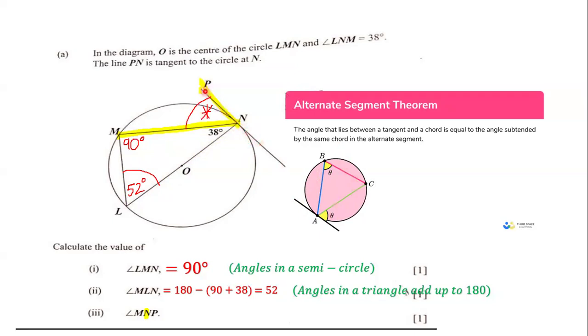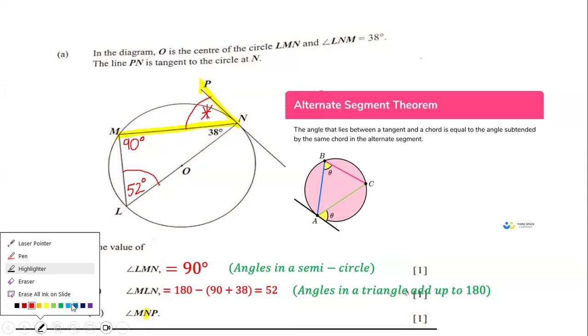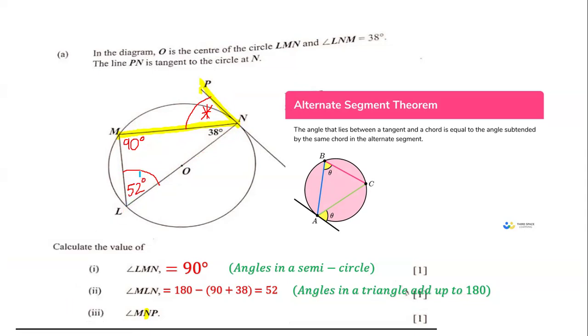Notice that this line is a tangent line, and this MN is a chord. So angle N is the angle that lies between the tangent and the chord. And based on this theorem, it's going to be equal to this angle that is subtended by the same chord. We know that it's subtended by the same chord because the legs of this angle, angle L, rest on the chord MN.